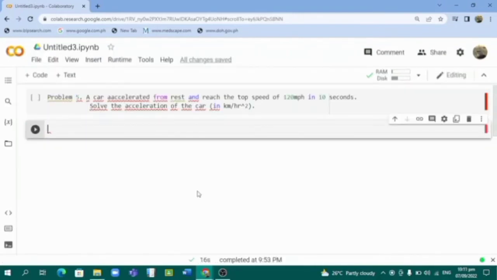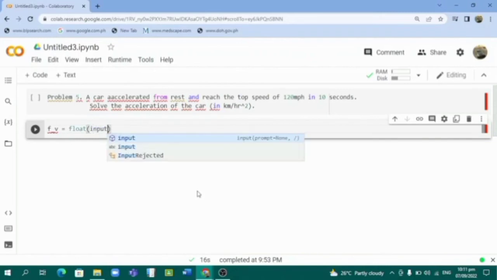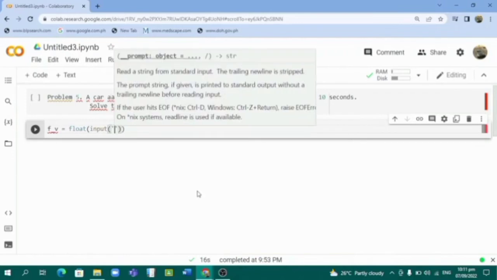So in the first line, we're gonna put here final velocity, float function, close parenthesis, input function to ask the user to enter the final velocity.